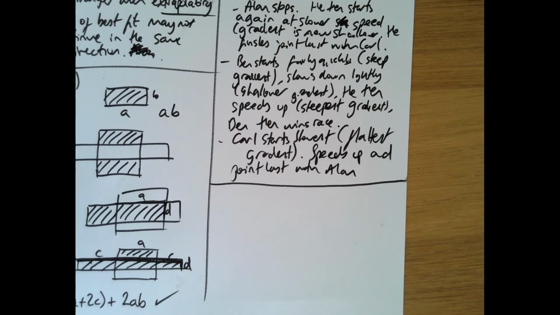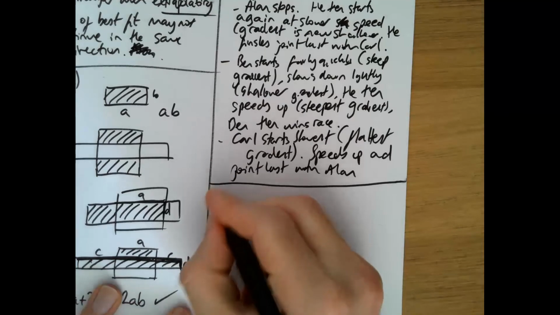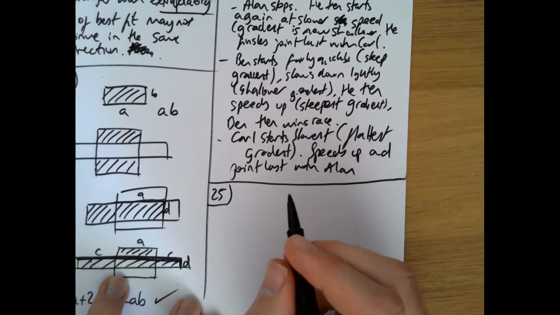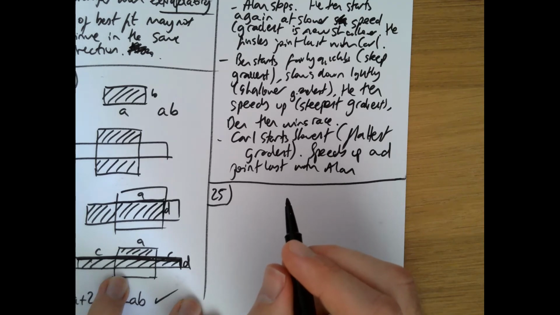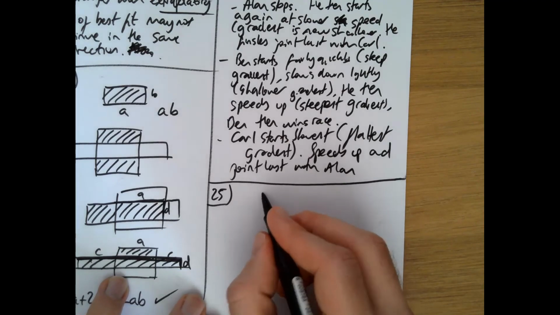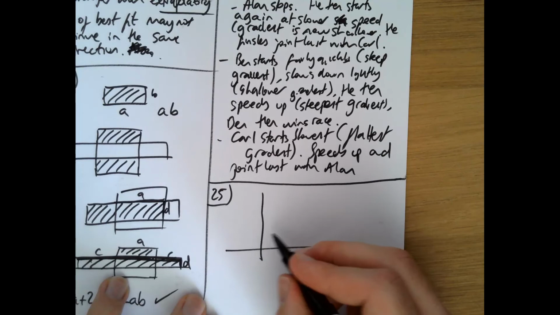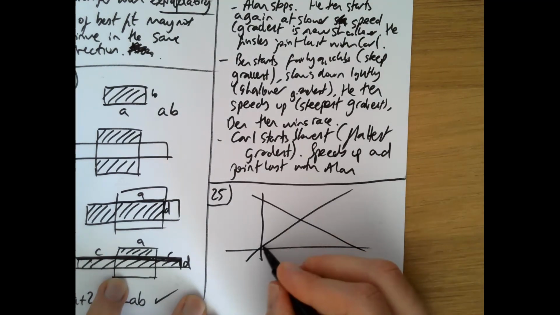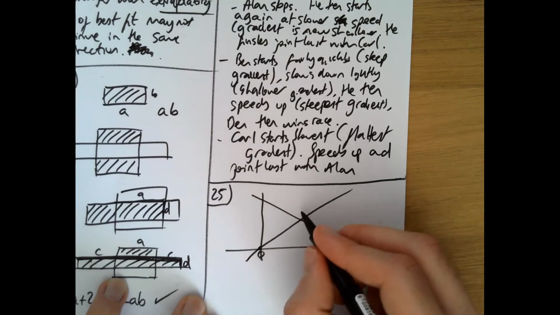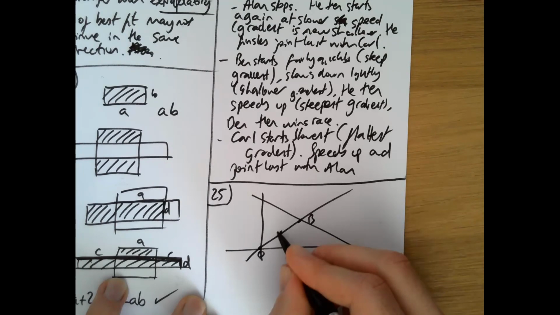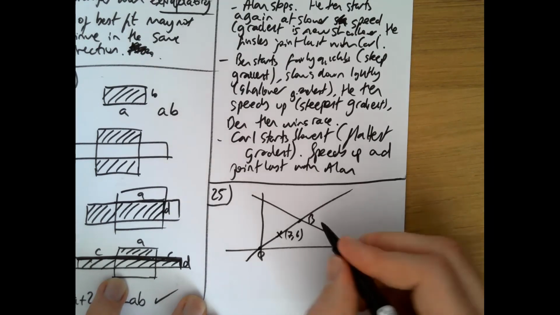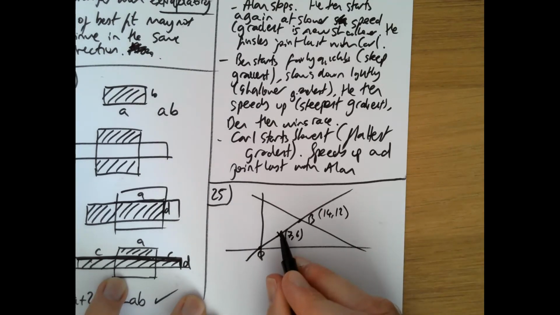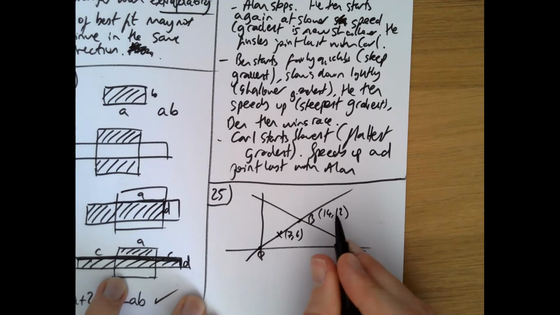Right, 25, nearly done. Two straight lines are shown. A is the midpoint of OB, but let's just work that out. So that's O, that's B, and that one is 7, 6. If that's the midpoint, can you see that this one must be 14, 12? Because that's 7 across 6 up, so another 7 across 6 up would be there.